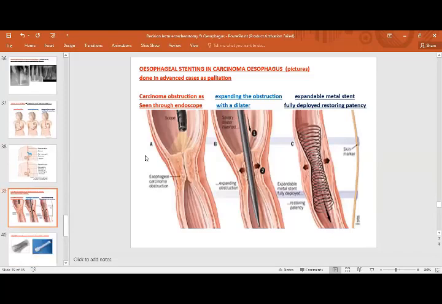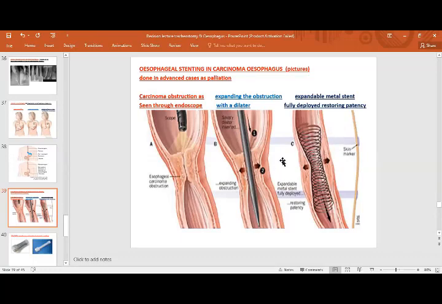This is one of the procedures we can do, esophageal stenting in carcinoma esophagus. That is carcinoma obstruction as seen through the endoscope. You can see this is the tumor area, and you can pass this dilator, then you can use it to stent.